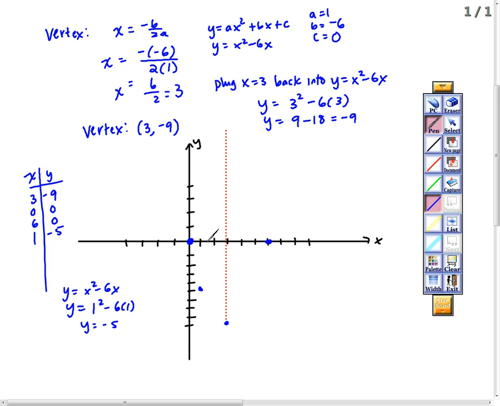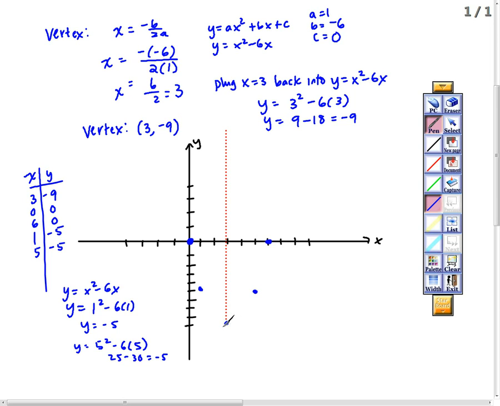Now if I go 2 away from my axis, the point will also be -5. So that's x equals 5, y equals -5. Do you see how I did that just by using the properties of symmetry? Let's check it. If I put in 5, I get 5 squared minus 6 times 5, which is 25 minus 30, and yes, that's -5.